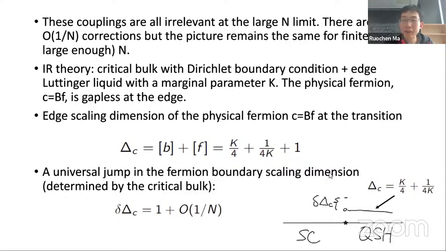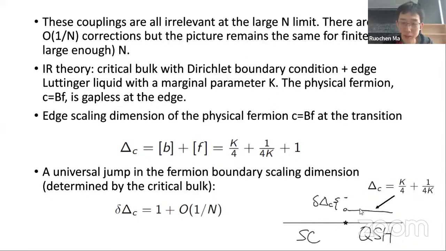And here you don't have a contribution from the bosonic sector, since in the quantum spin Hall insulator, the boson condenses, so the scaling dimension of the B field is 0, since it has long range order. So for quantum spin Hall insulator, the edge scaling dimension of a single fermion is completely determined by this Luttinger parameter.